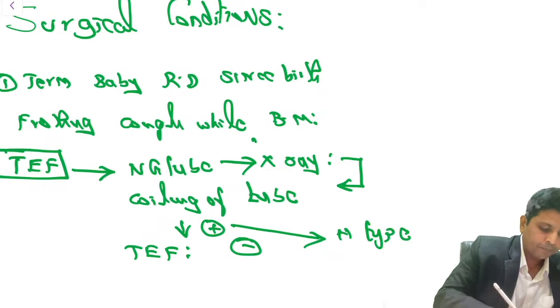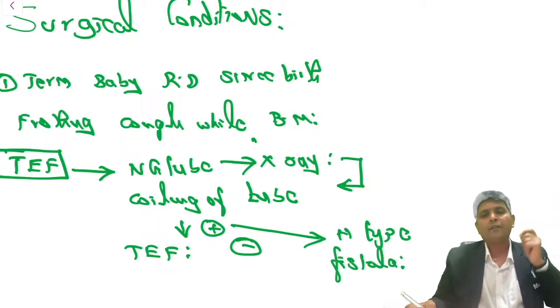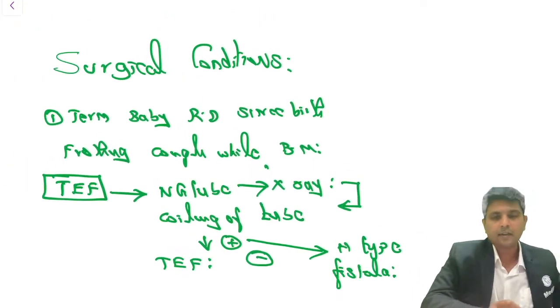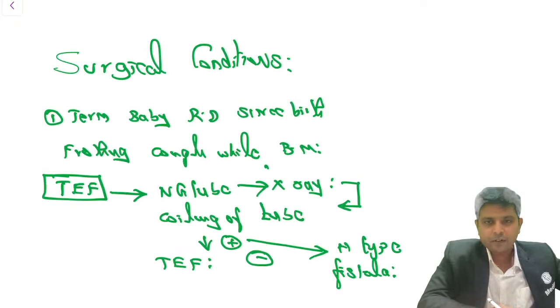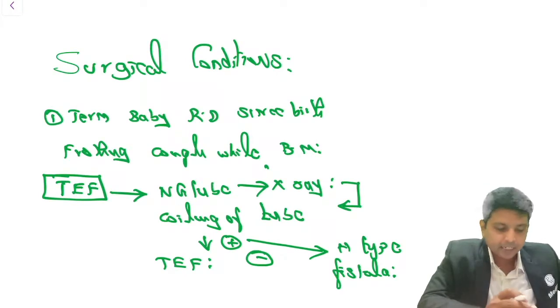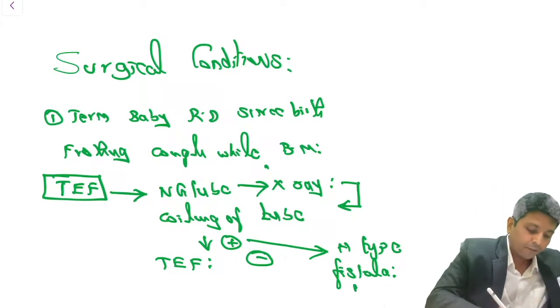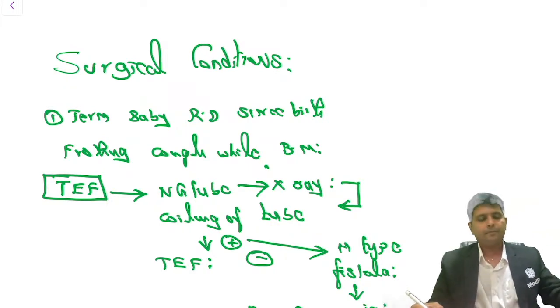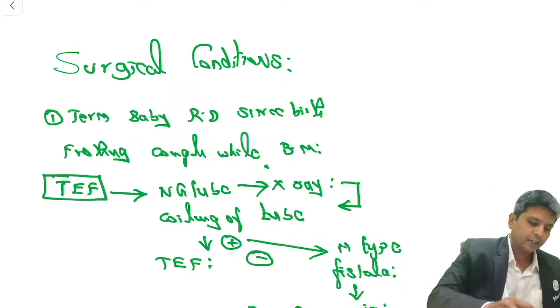In H-type fistula, there will not be any coiling of the NG tube in the neck. Despite that, you can still consider tracheoesophageal fistula, but it is usually an H-type fistula, often presenting as recurrent pneumonia in infancy. So that is surgical condition 1.